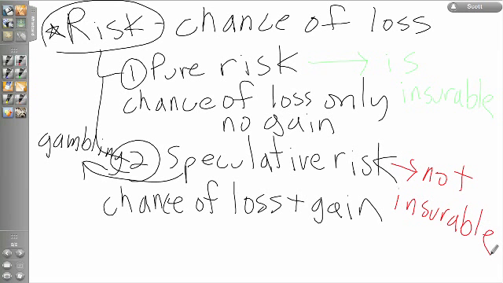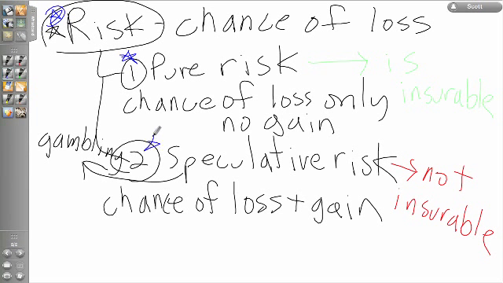Okay, so we've learned a lot of things here. So we have potentially six different test questions just on what we've covered up here on the board. So I'll mark them out. Question number 1, definition of risk: chance of loss or uncertainty of loss. Test question number 2, definition of a pure risk: risk situation where there's a chance of loss only.